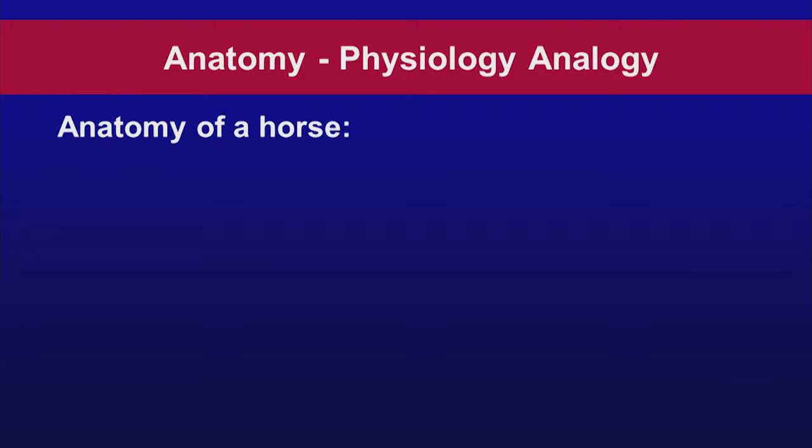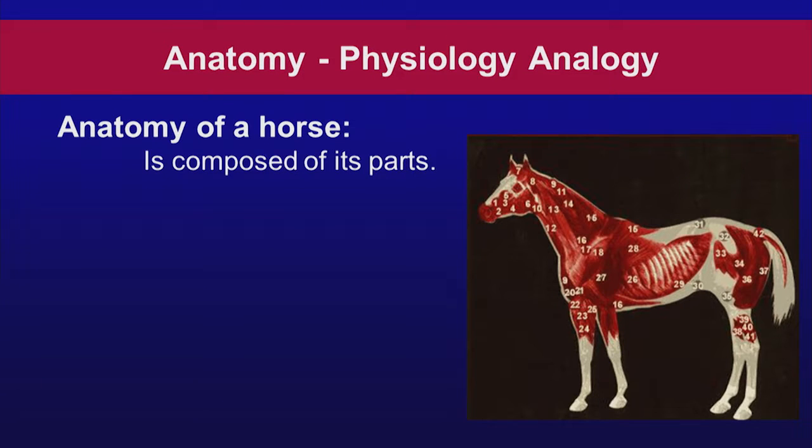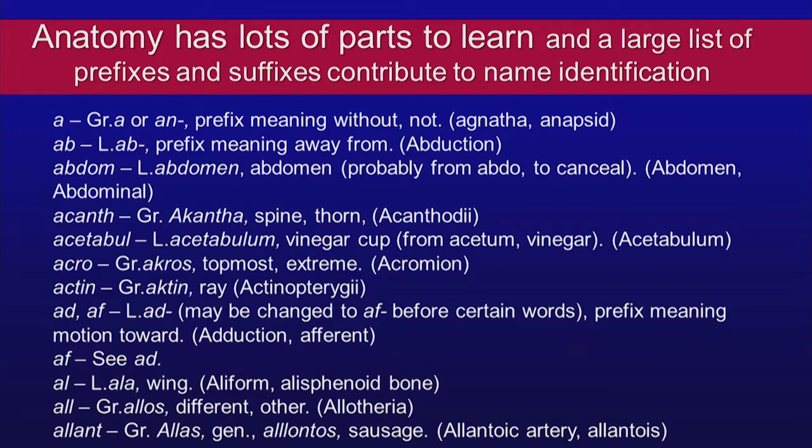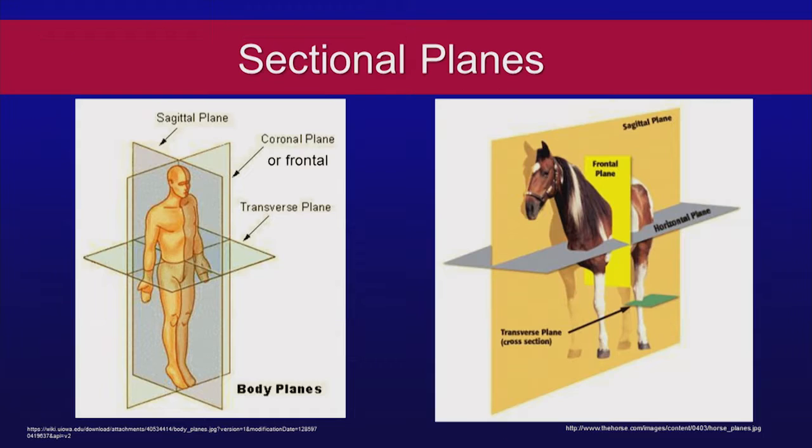So what is anatomy? Anatomy is like the parts of a horse that we see there. And you can see there are many parts. There's a lot of parts to learn in anatomy. And there's even a large list of prefixes and suffixes which help to name the individual structures, which is important.